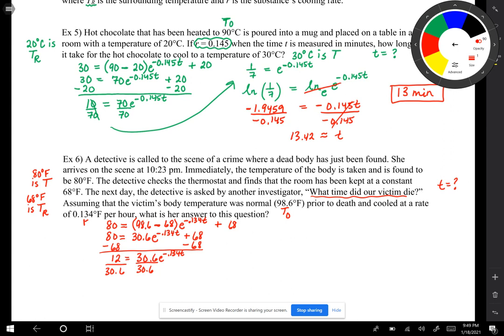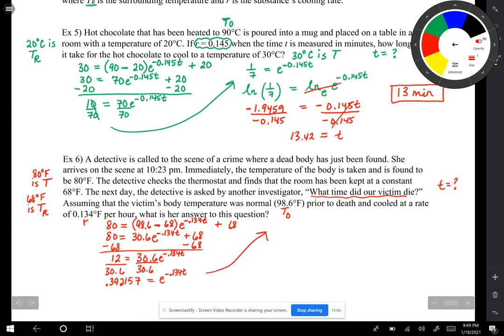It is point, and I'm going to use several decimal places, 0.392157 to be as precise as possible. I mean, this is forensics here. I could have used more decimal places, but I'm going to leave it at that. And the right side is e to the negative 0.134t. Okay, running out of room.